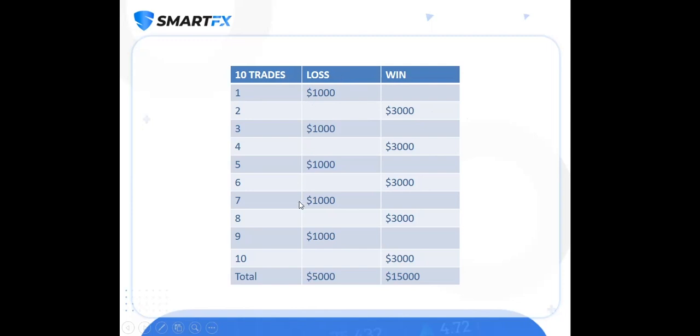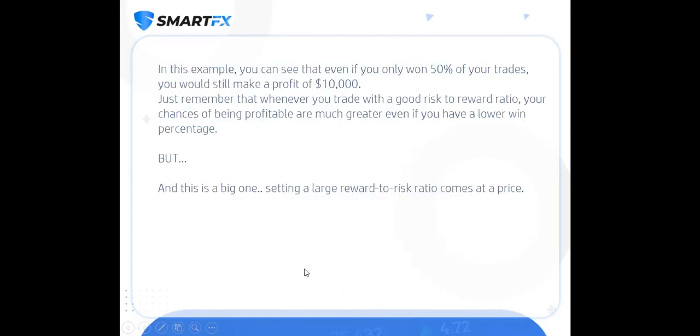Out of the 10 trades we did, 5 were losing trades. So we lost $5,000 and we won $15,000. If I subtract 5 from 15, at the end you have still made a profit of $10,000.